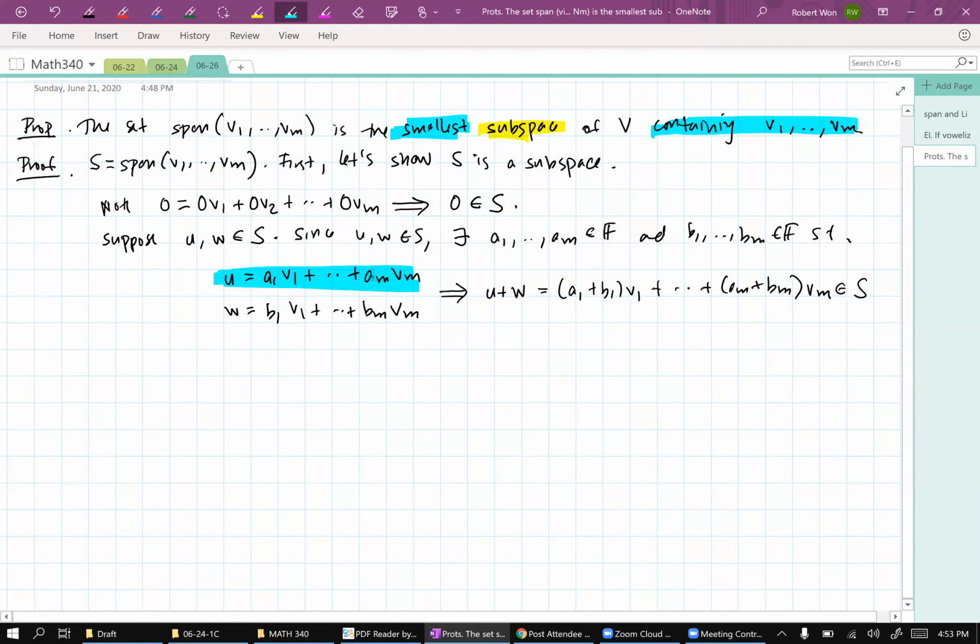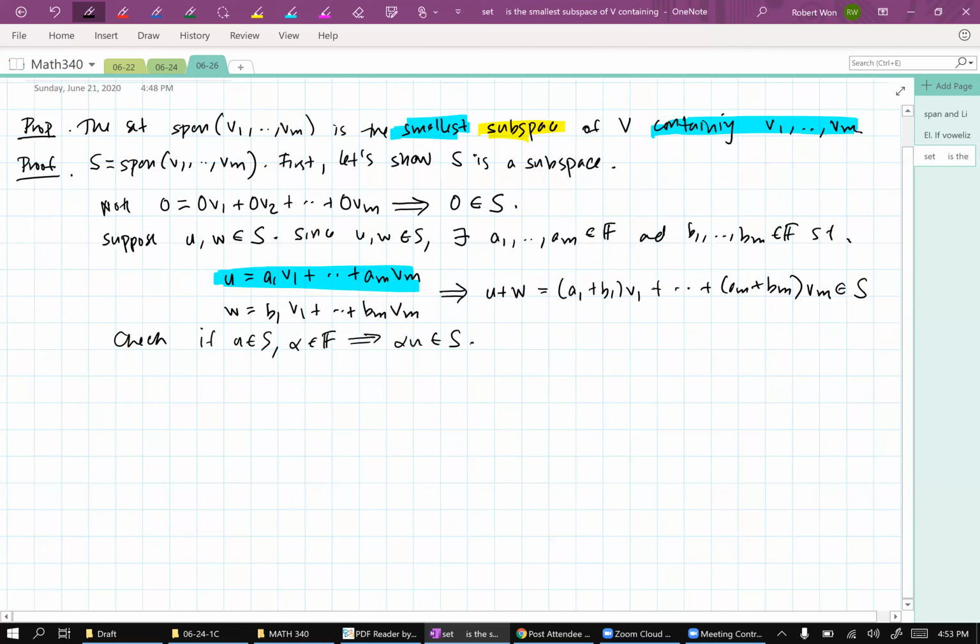And then alpha times a1 is a scalar, alpha times a2 is a scalar, alpha times am is a scalar. So the resulting vector will still be a linear combination of v1 through vm. The resulting vector will still be in S. So you should write it up. Check that if u is in S and alpha is a scalar in F, this implies that alpha u is also in S.